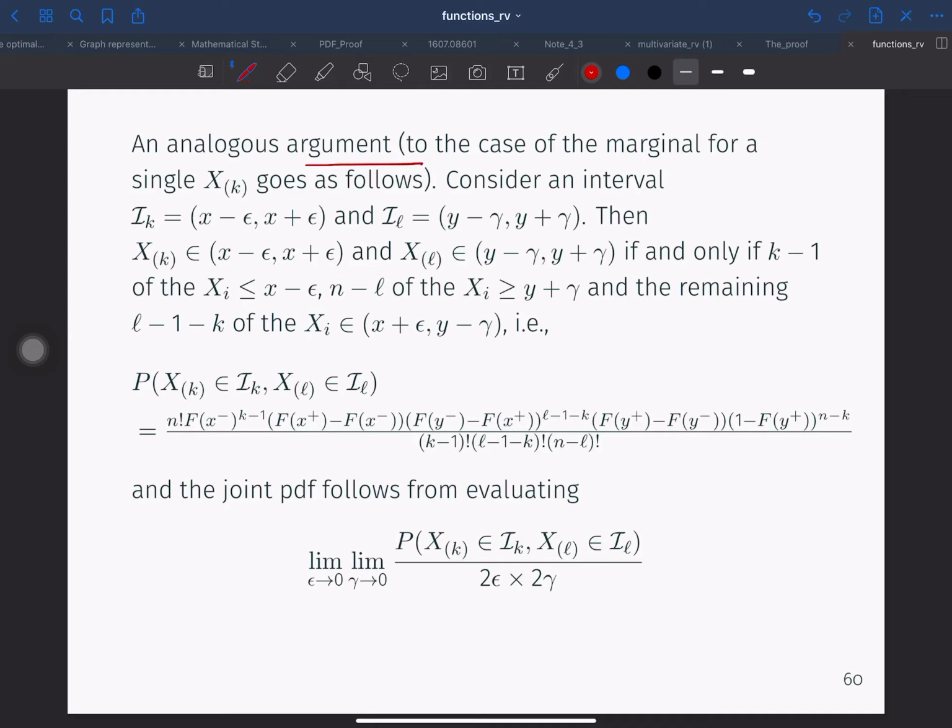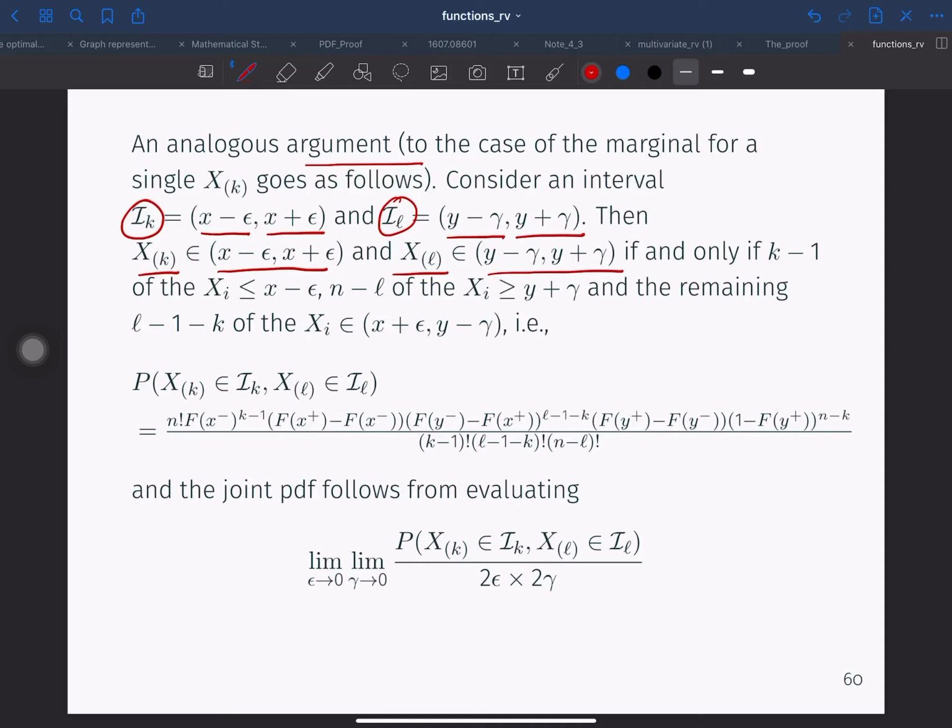Suppose I consider an interval from x minus epsilon to x plus epsilon for the kth order statistic, and another interval from y minus gamma to y plus gamma for the lth order statistic. Then Xk belongs to the interval Ik and Xl belongs to the interval Il if and only if, now I can compute a multinomial with a few more classes.